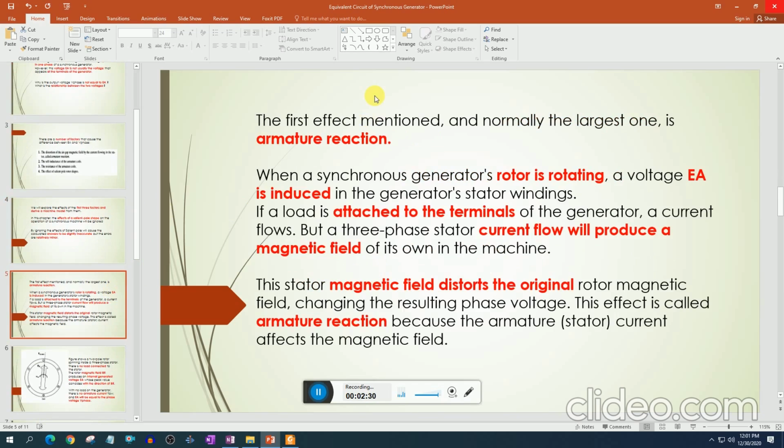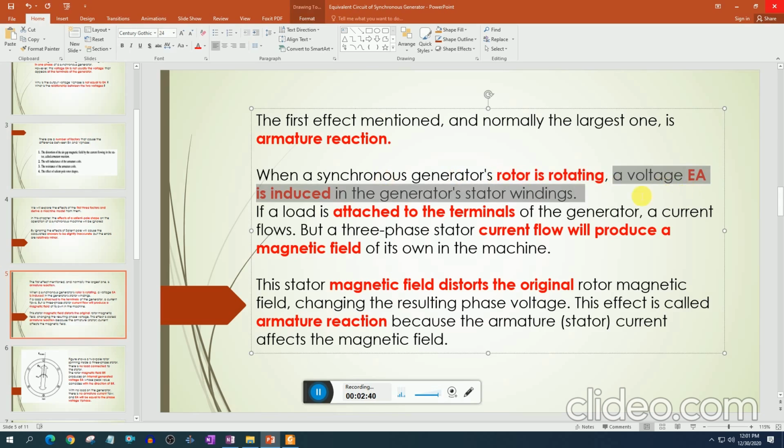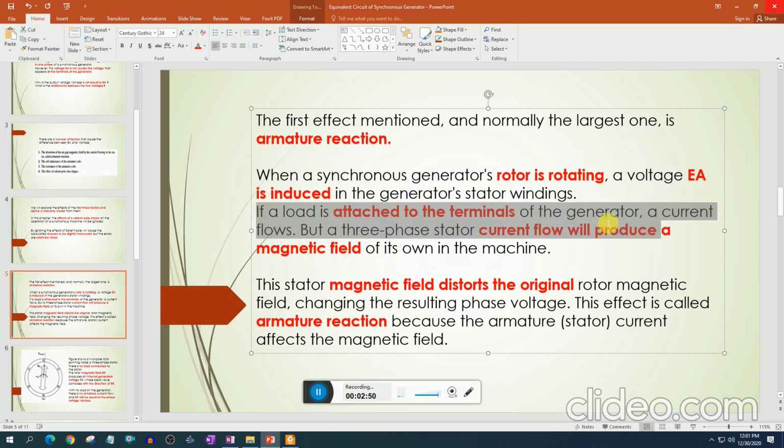So the first factor is the armature reaction. What is the armature reaction? When a synchronous generator rotor is rotating, a voltage EA is induced in the generator stator winding. This is simple. If a load is attached to the terminals of the generator, then a current flows, and this current produces its own magnetic field, which is denoted by BS.